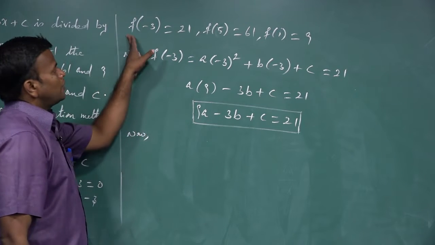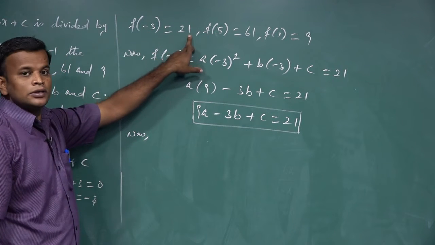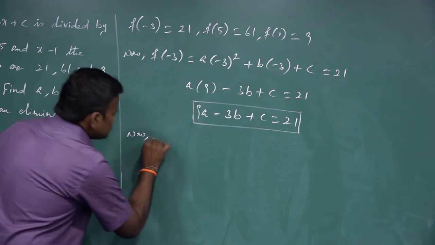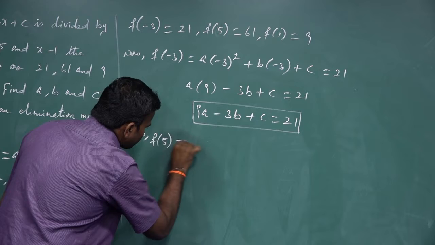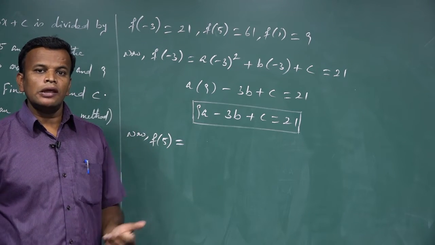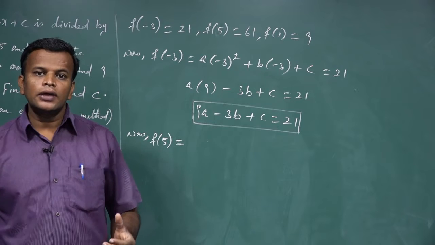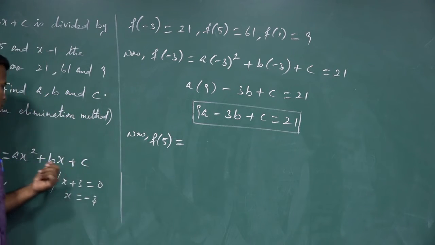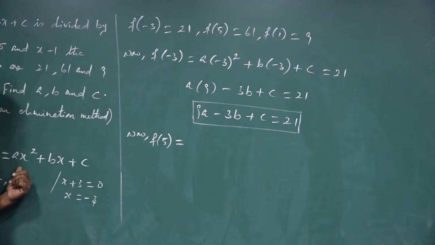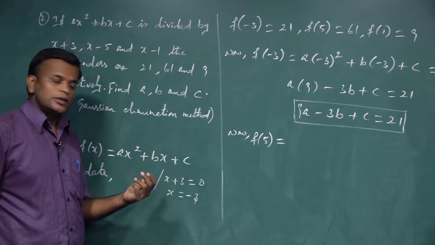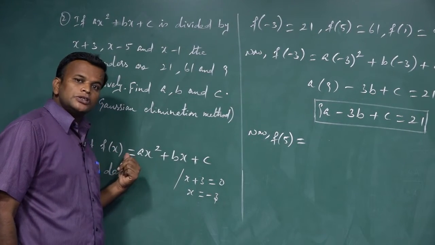What is the next one? The value of f of minus 3 is done. Next, f of 5 value is 61. How to find f of 5? In f of x, we replace x by 5, we get f of 5. The value of f of x is ax square plus bx plus c, but we need f of 5. So whenever x is there, we replace x by 5.